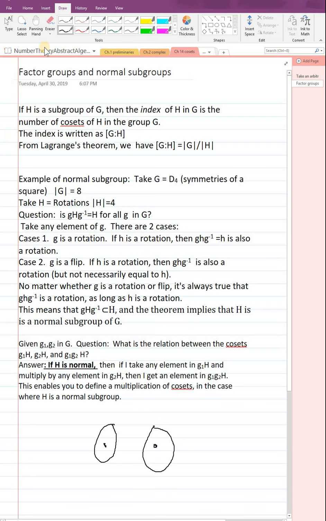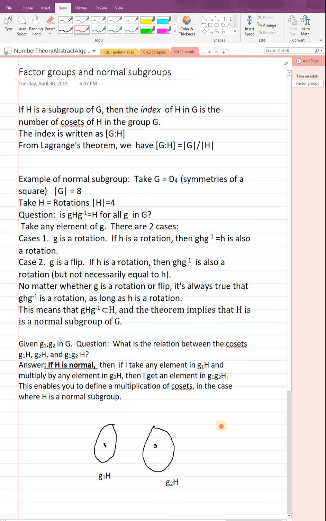So this coset here is G1 H, and then this one here is G2 H. And then I'll draw another one, which is G1 G2 H, which is off here somewhere.